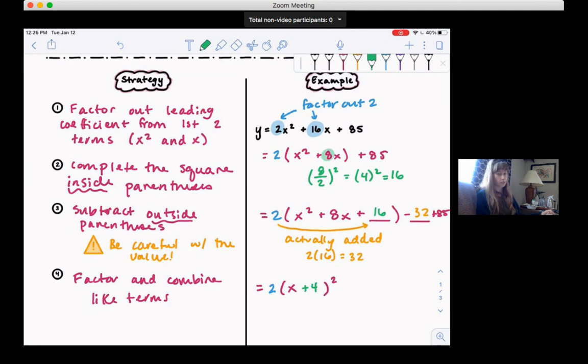So this factors to x plus 4 all squared. And then outside the parentheses, we're going to combine negative 32 and positive 85, which gives us plus 53. So there's our vertex form with a leading coefficient.